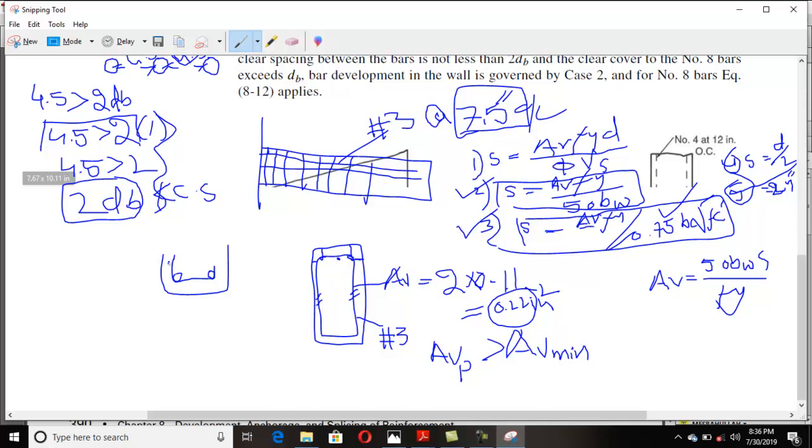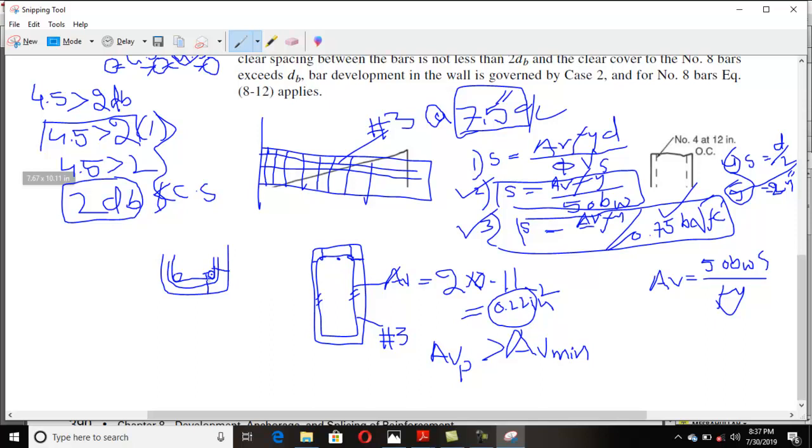If this is your stirrup, which is confined over the steel bar, then you consider the side cover to the center of this bar, and this one will be your bottom cover, to the center of the bar.